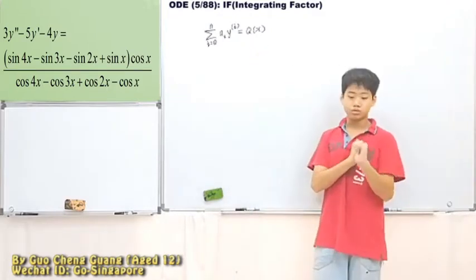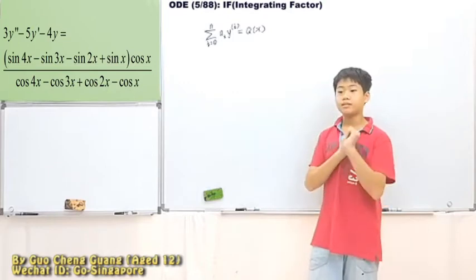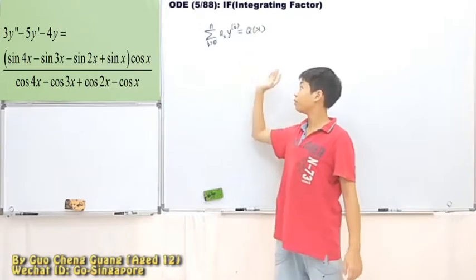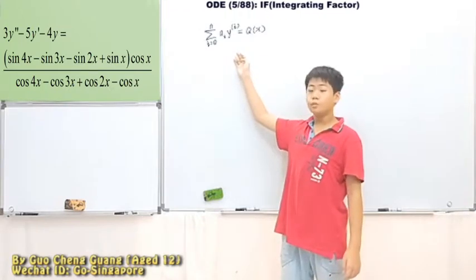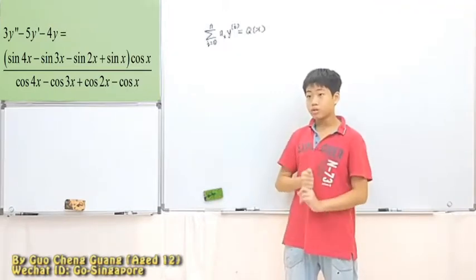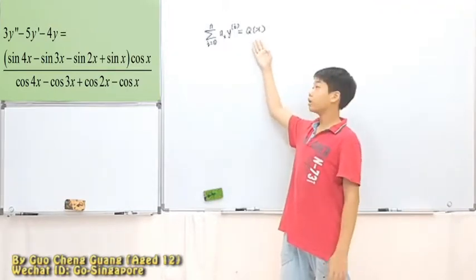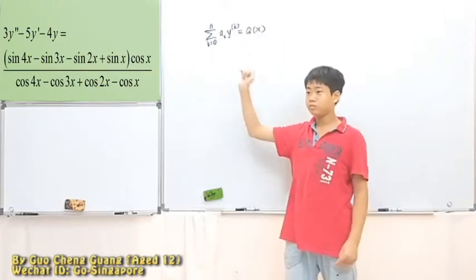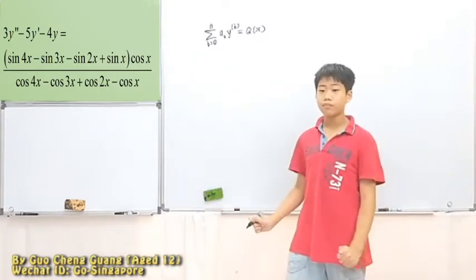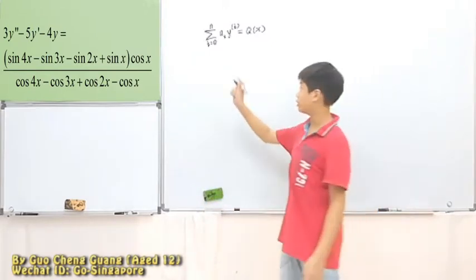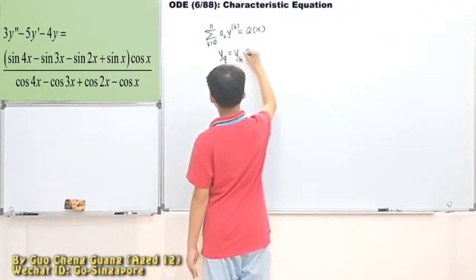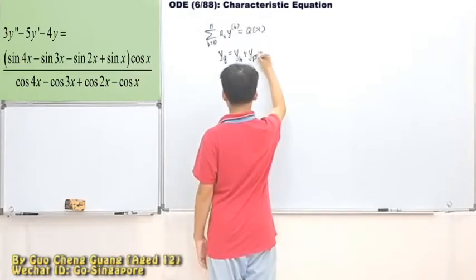Q(x). Now for Q(x) there are two cases. First case, 0. If Q(x) is 0, then this whole thing will just be a homogeneous ordinary differential equation. If it is not 0, then that means it is non-homogeneous. If it is non-homogeneous and you want to find the general solution, it is yg, and this will be yh plus yp.